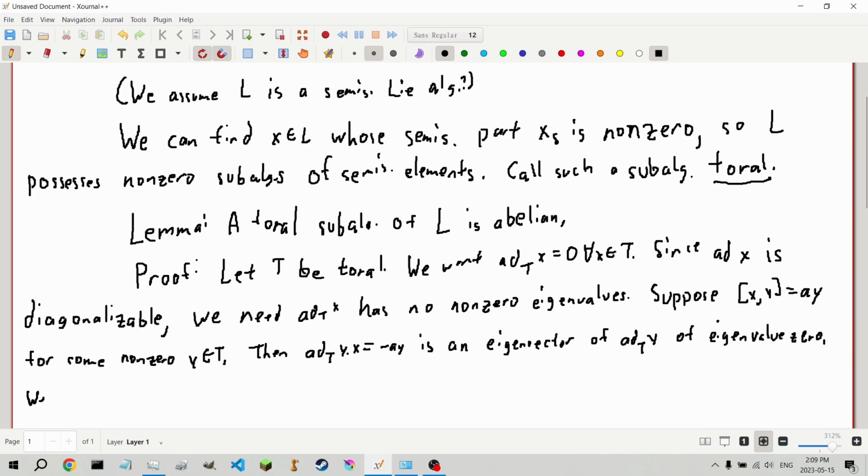Now we can write x as a linear combination of eigenvectors of ad_T of our semi-simple y.